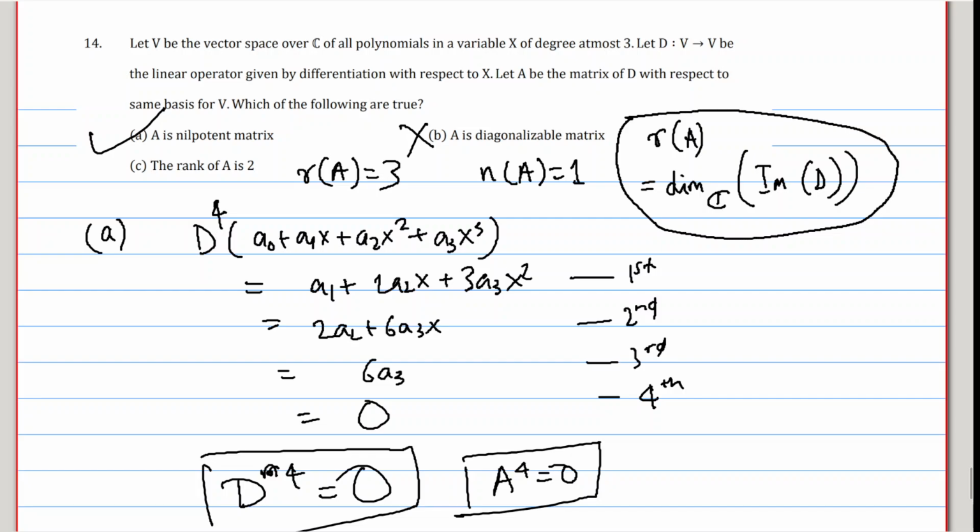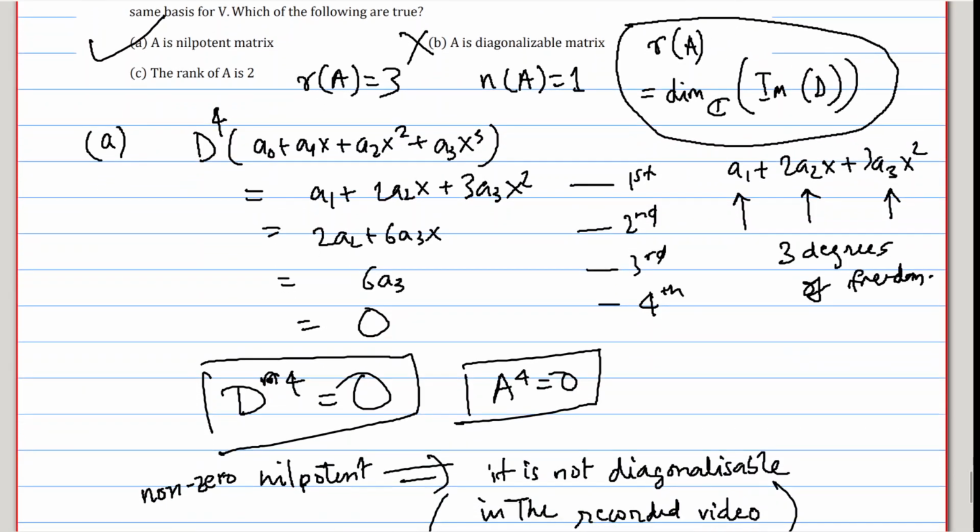It will be 3 because look at the image. What is the image? a1 plus 2a2x plus 3a3x square, right? So a1 can be chosen, a2 can be chosen, a3 can be chosen. So there are 3 degrees of freedom. Or you can say, what will be the nullity?